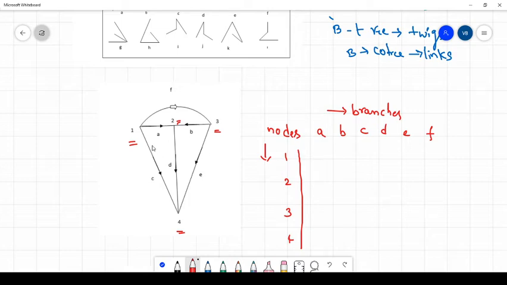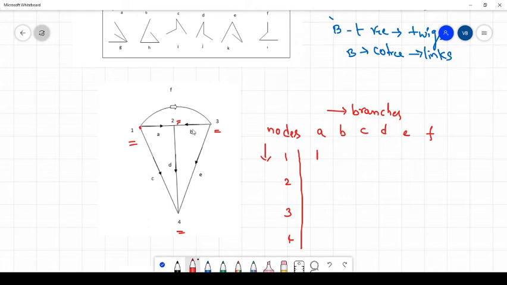So first you consider the node 1 here. This is node 1. So node 1 is connected to A branch. A branch, what is it? How is the direction? Which is away from that node. So away from that node, what value we have to take? That value should be equal to 1. So the direction is away from that particular node. Is B branch connected here?